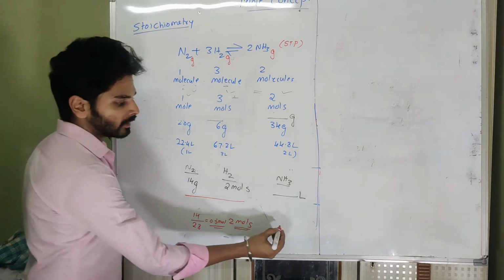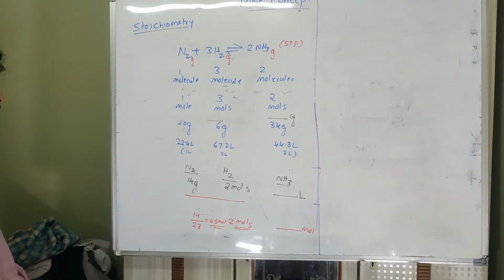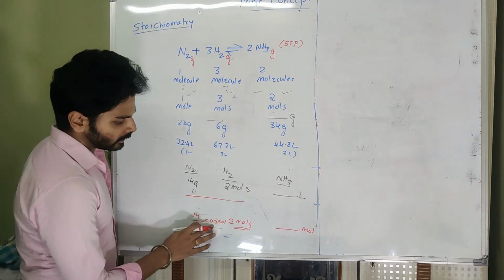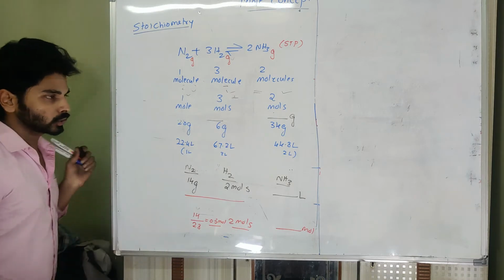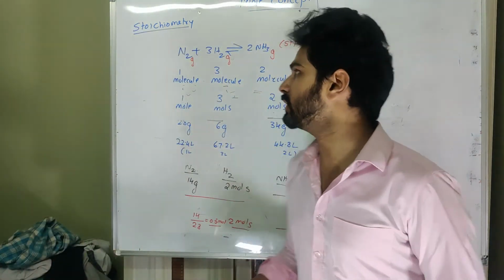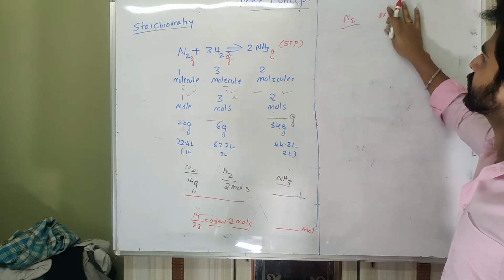Now I have converted both the reactants into the same unit, so I will be getting the product in terms of moles only. Then I can convert that into volume. Before going for the comparison, we have to know which is the limiting reagent here. To find out the limiting reagent, I will compare both the reactants, nitrogen and hydrogen.